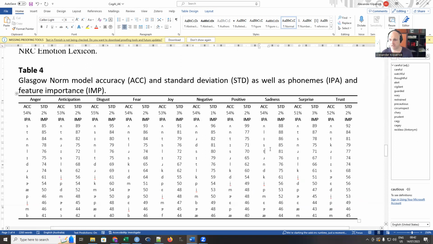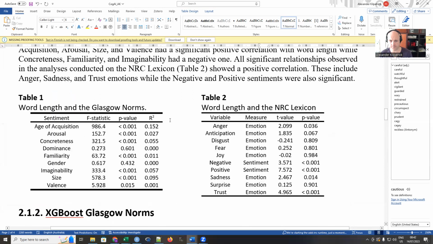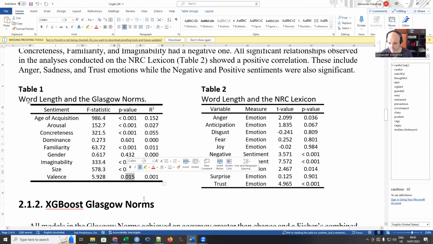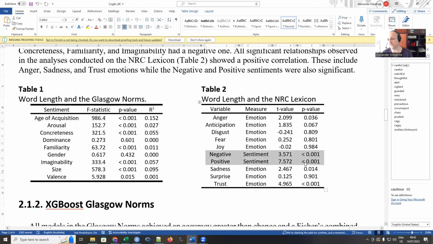Well, much like we talked about with length, for the valence for length we have a very weak positive correlation that is significant. And then we have the negative and positive sentiments. We have strong positive correlations for both, but that's stronger in the positive emotion, right?